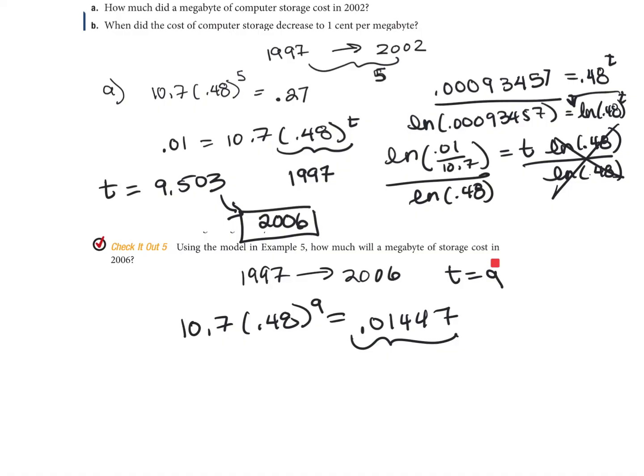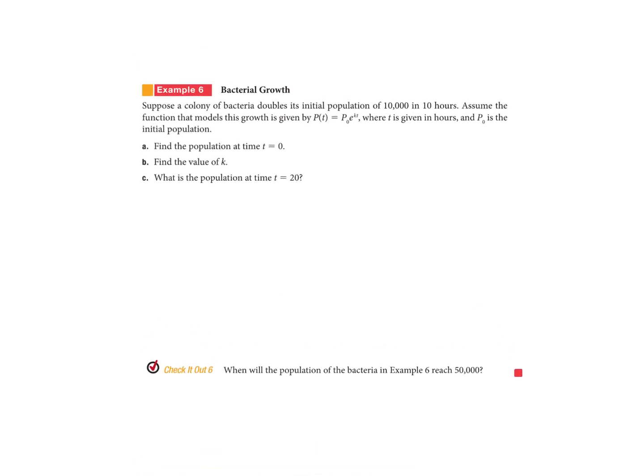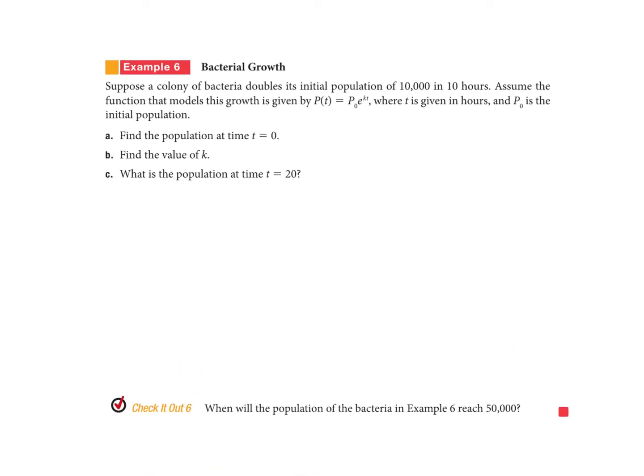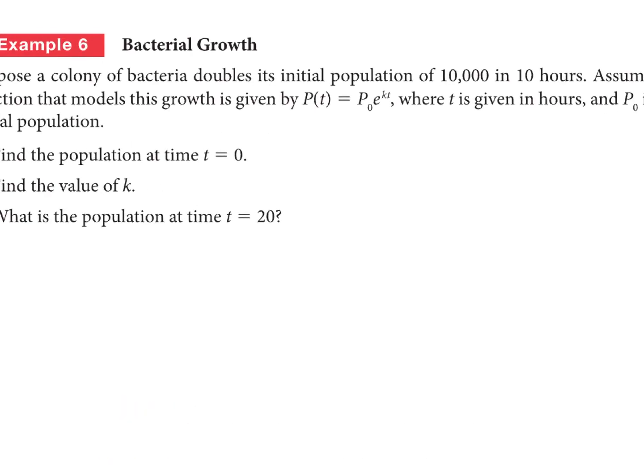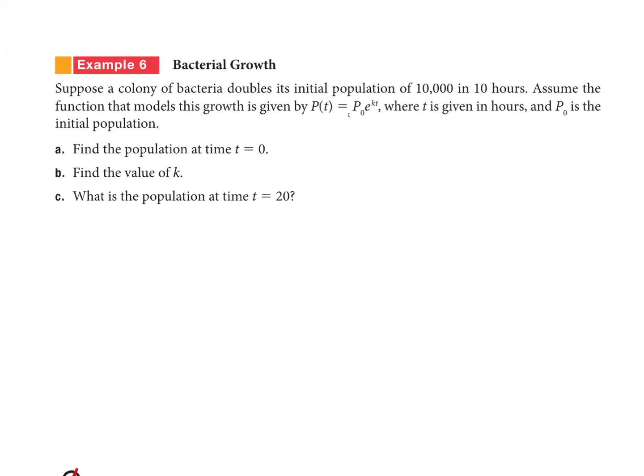All right. Bacterial growth. A colony of bacteria doubles its initial population of 10,000 in 10 hours. Assume the function is modeled by this, where this is their initial population, t is your hours, and k is a constant.